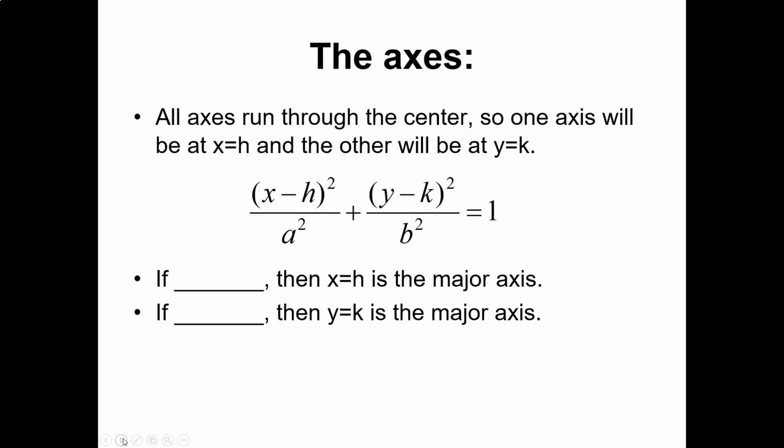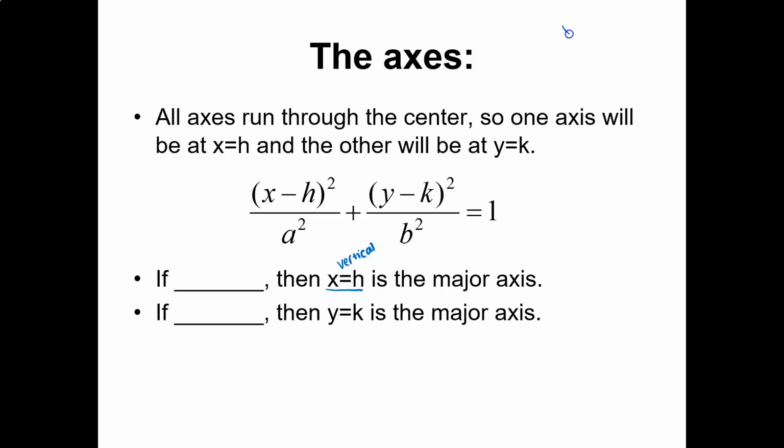It's kind of like a vertical line has an x equals number equation and a horizontal line has a y equals number equation. It's related. So the major axis is going to be x equals h. X equals h, is that vertical or horizontal? Yeah, x equals a number, like x equals 5 or x equals 2. It is vertical.